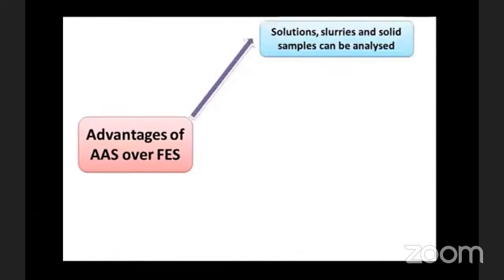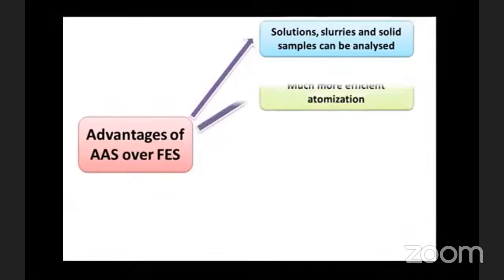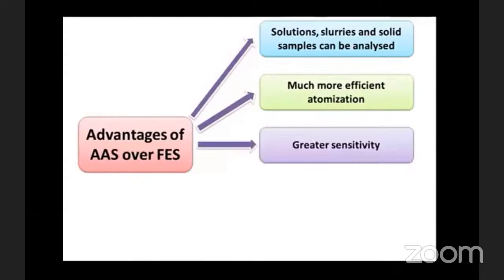Let us see how this atomic absorption spectroscopy is more superior over flame emission spectroscopy. In case of AAS, solutions, slurries and solid samples can be easily analyzed. In atomic absorption spectroscopy, much more efficient atomization techniques can be used.